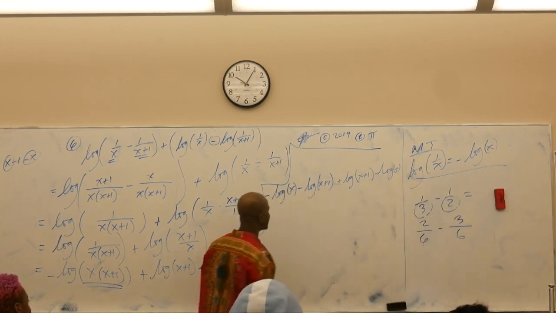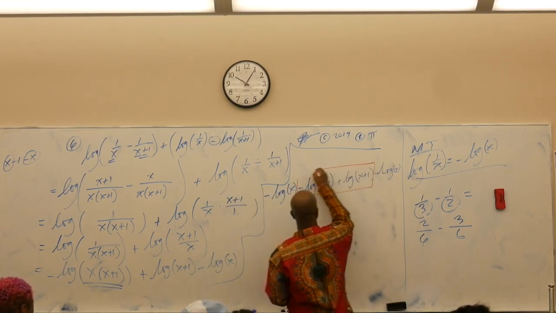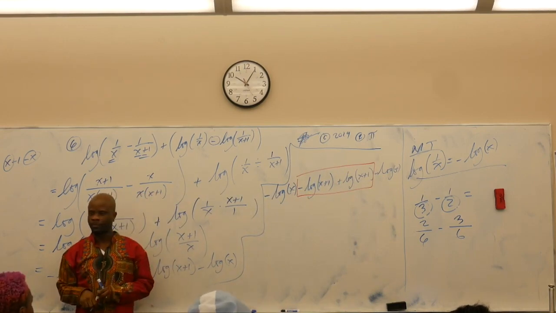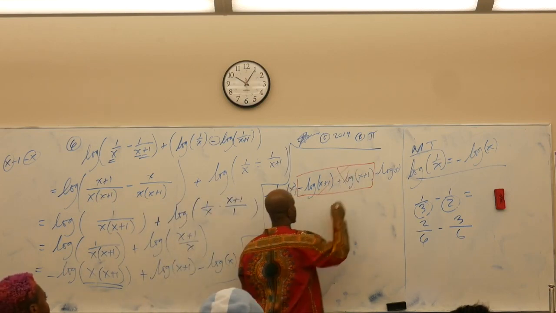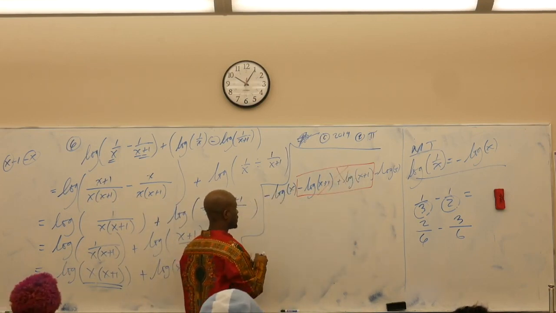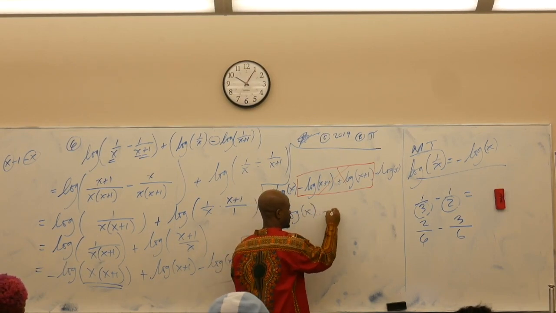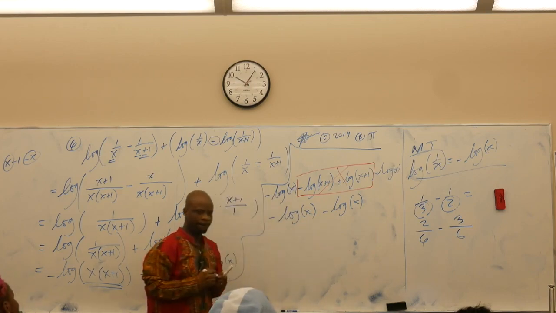Okay, let's do this. This piece and that piece goes away, right? Correct? So what I'm left with is negative log of x, negative log of x.